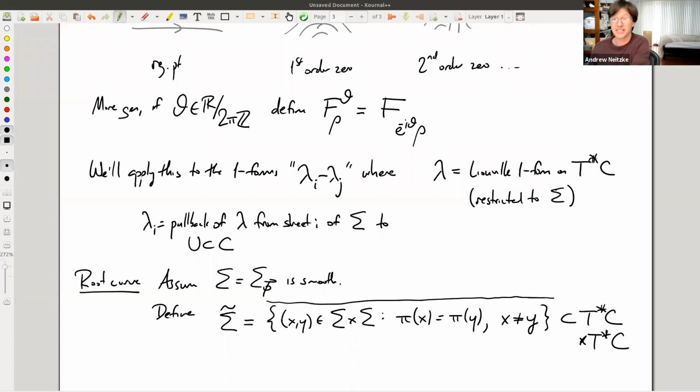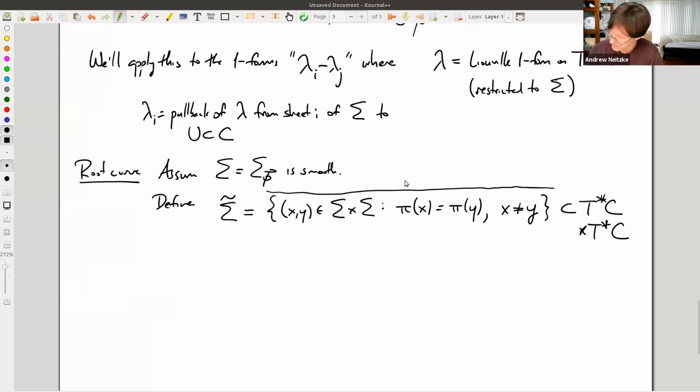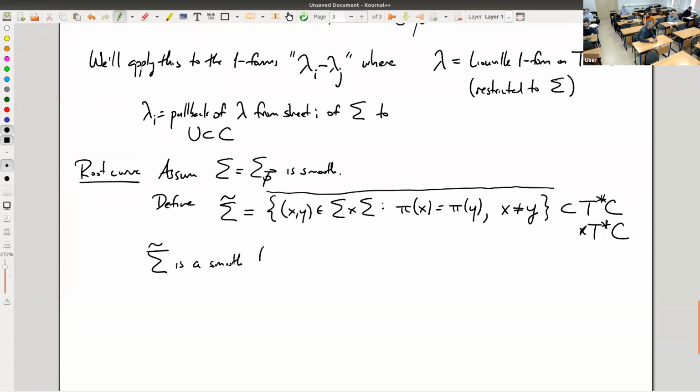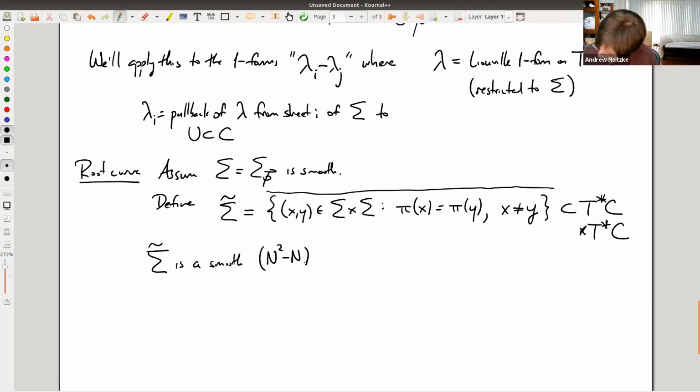So anyway, what is this thing? It's the covering whose points now are just pairs of points. A point of this covering is like two sheets of the original covering. Okay, so this is smooth. So it's now an n squared minus n sheeted branch cover.